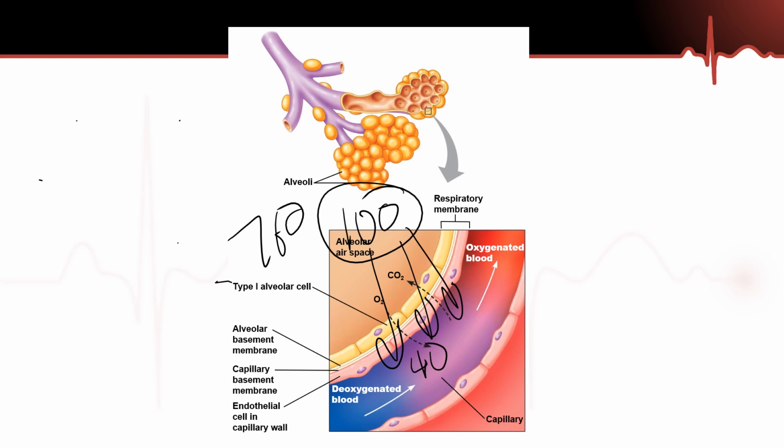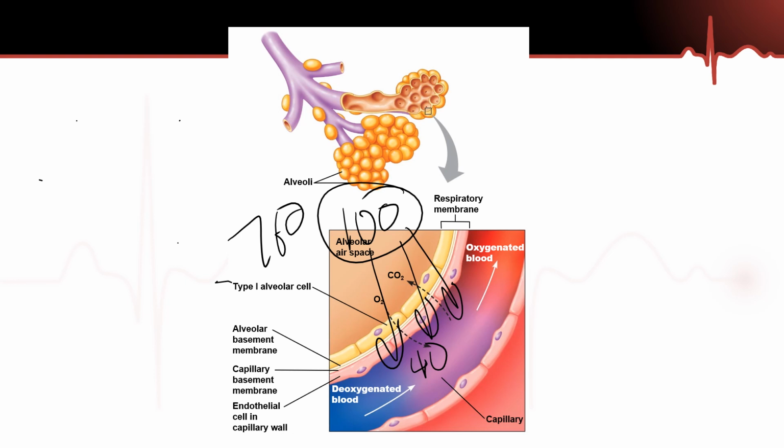So there's a partial pressure gradient that exists between the oxygen within the air in the alveoli and the oxygen within the blood plasma that exists in the pulmonary capillaries. So oxygen wants to move down its partial pressure gradient. It wants to move from the air in the alveoli into the blood plasma within the pulmonary capillaries. And that's exactly what it does.